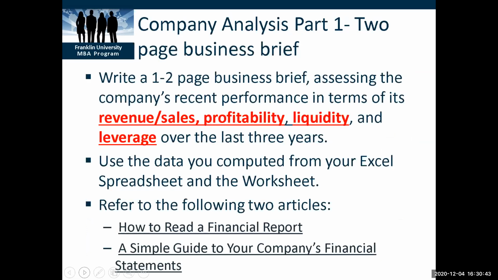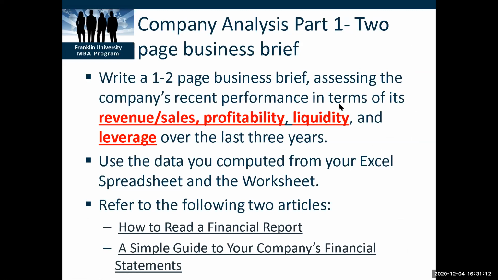Now, the written part. Let me start with part 1. After you gather all the data and put the numbers in the Excel spreadsheet, you will use the data and the numbers you calculated from the Excel sheet to write a 2-page business brief.